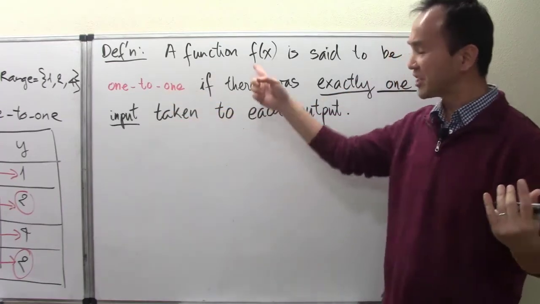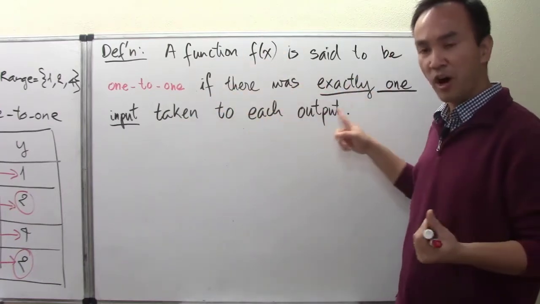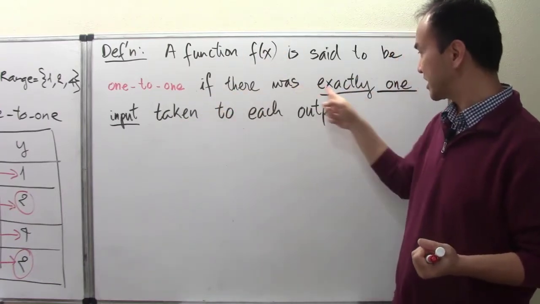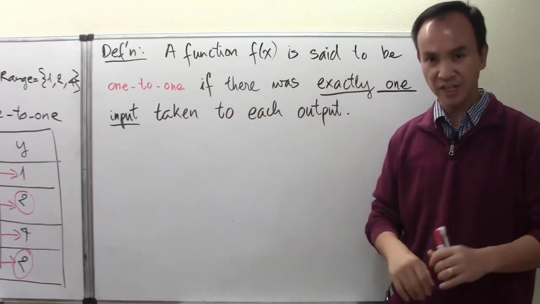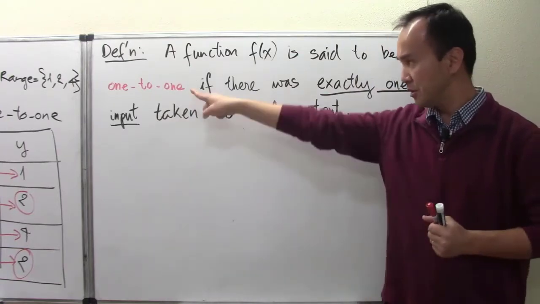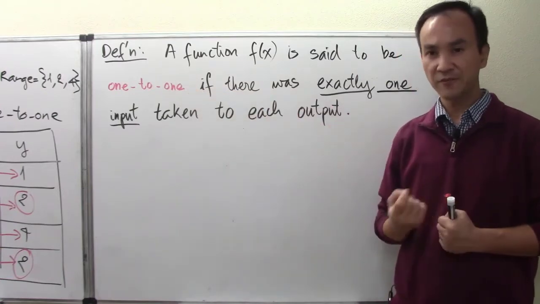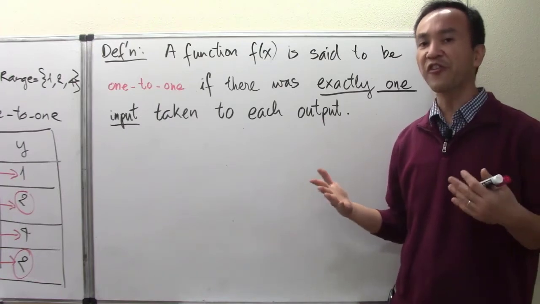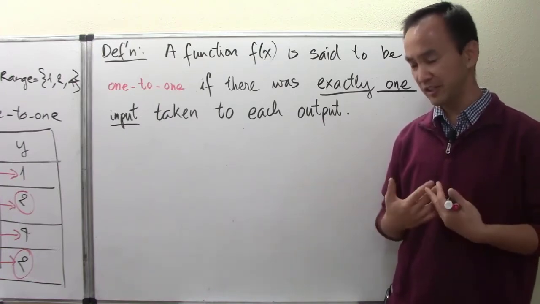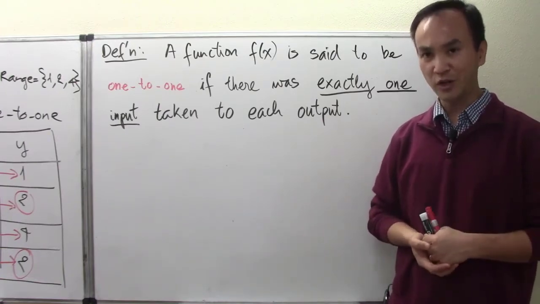Anytime our function satisfies this requirement, that there was exactly one input taken to each output, our function is a one-to-one function. It's a definition. And as long as we recognize our function fails to be one-to-one, we just simply say, hey, the function is not one-to-one.